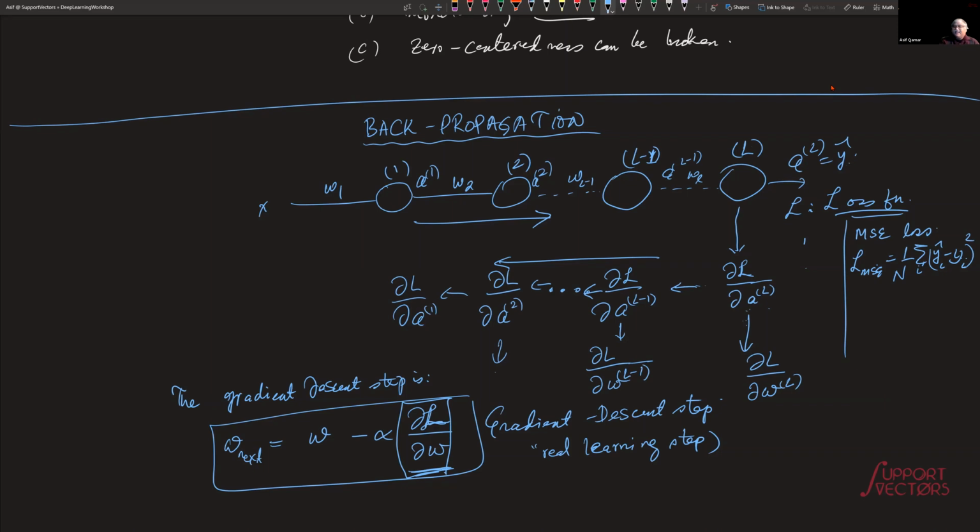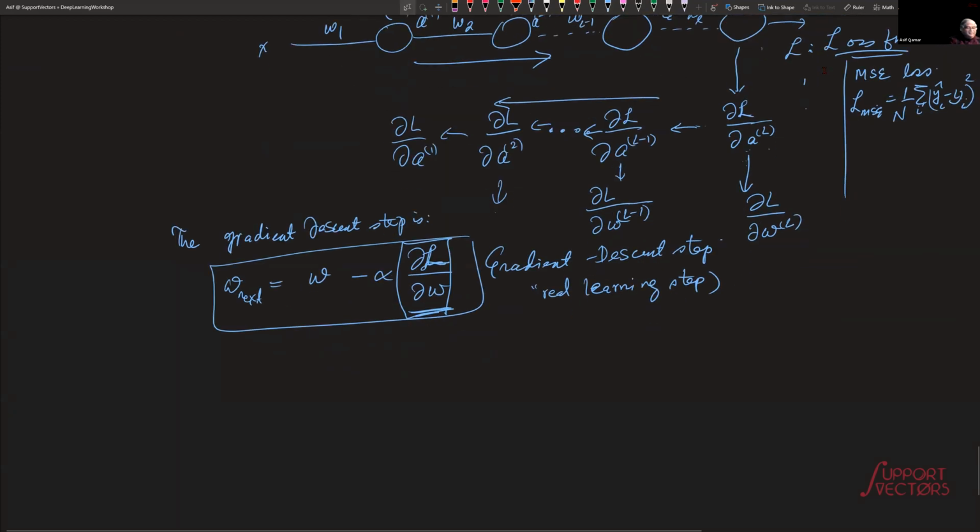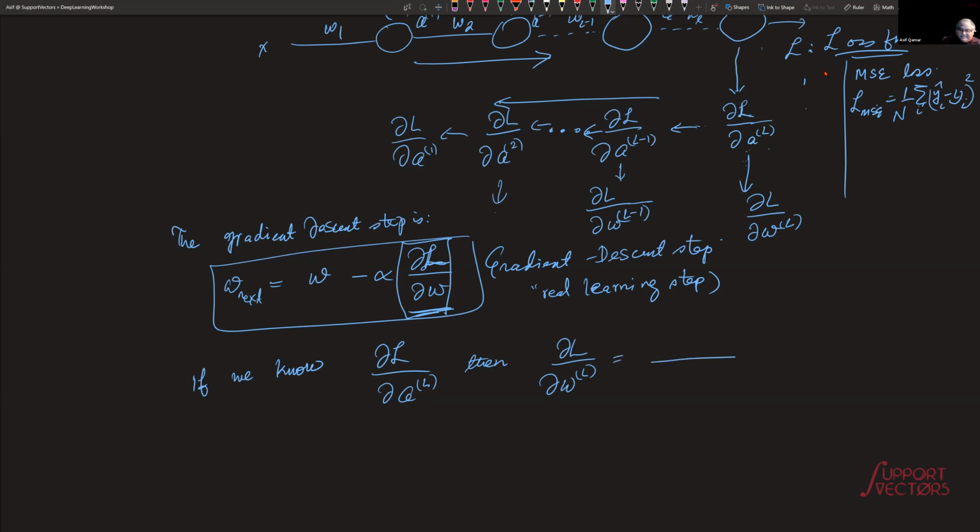So now you might say, do you want me to show you how these things work? Just as a recap: if we know the gradient of the loss with respect to some activation, then the gradient of the loss with respect to W, the weight, because that's what you'll plug into the gradient descent step, is quite simply equal to this. You just have to reason like this. If I change the weight a little bit, what changes?